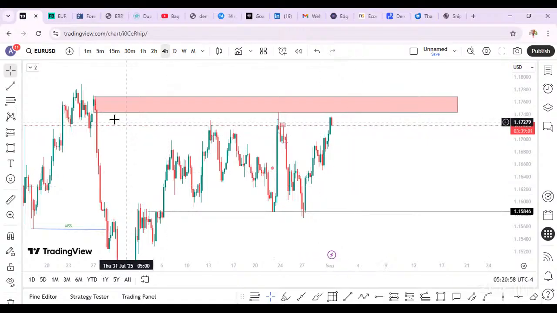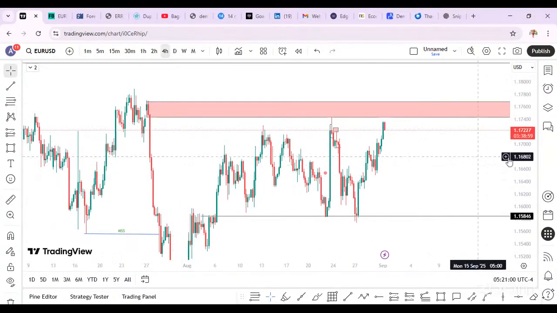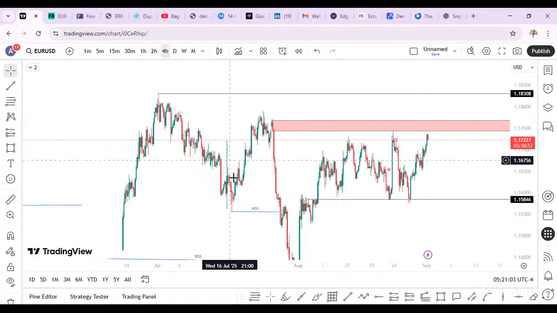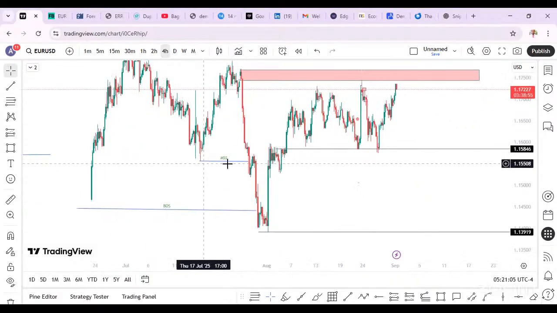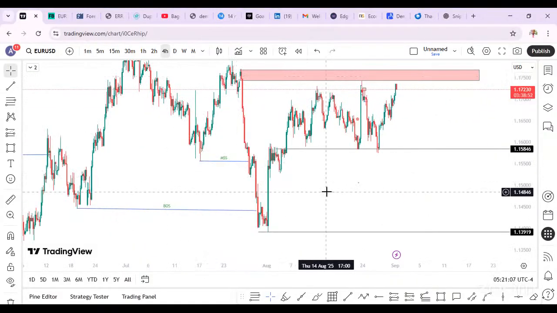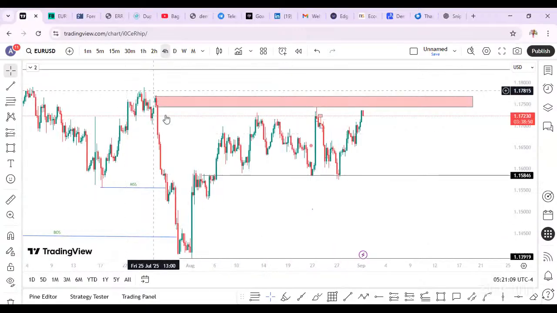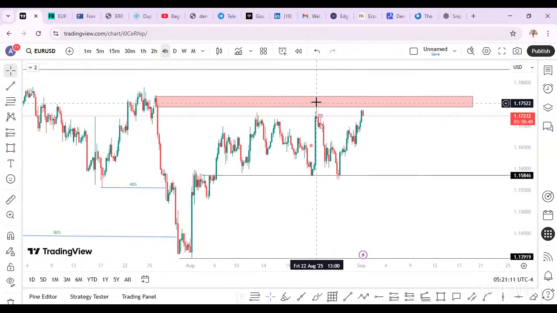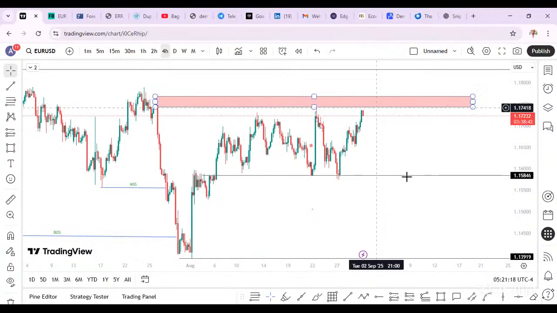Be careful because price is also in a supply zone. When you look at the 4 hours, we have that shift in market structure. Our price has now come to a supply zone. Initially it broke down from the supply, and now this place is standing as a resistance.